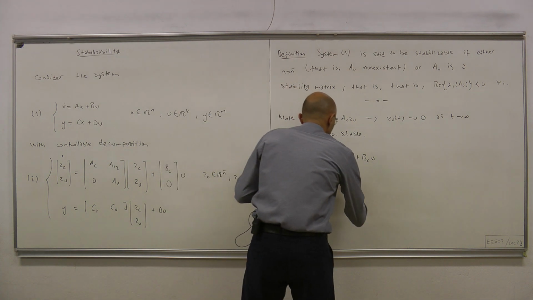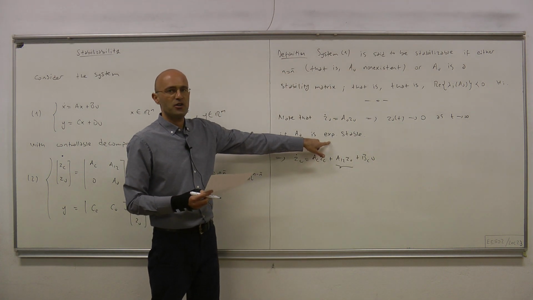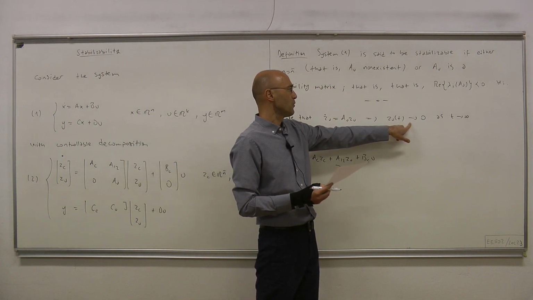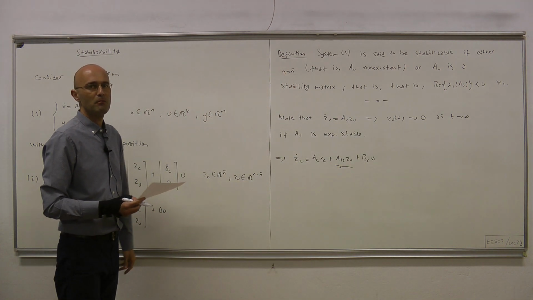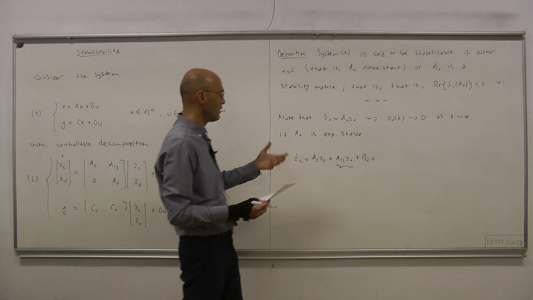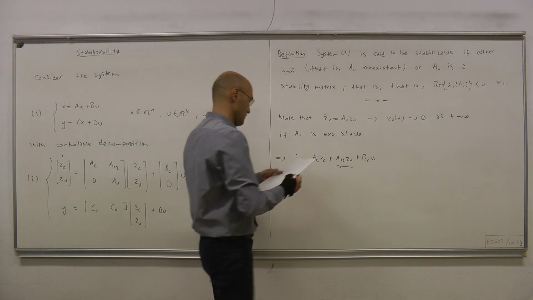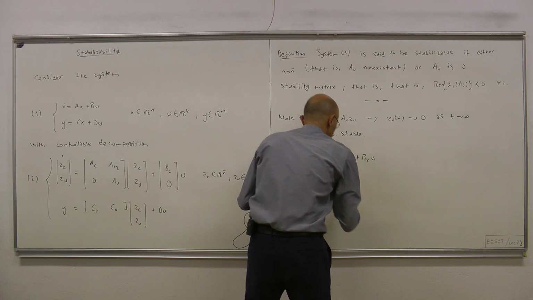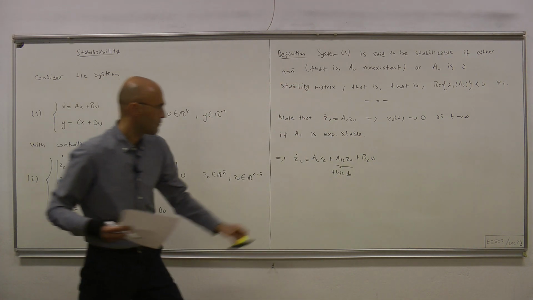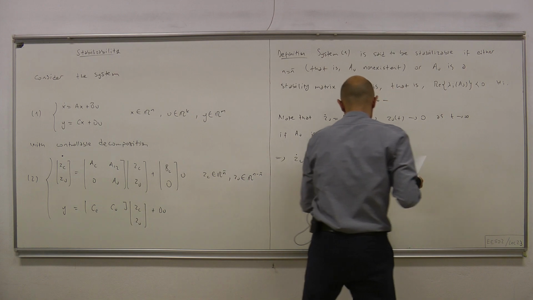Now, if A_U is exponentially stable, then Z_U is converging to 0. Therefore, this term will become more and more insignificant. This term decays exponentially.